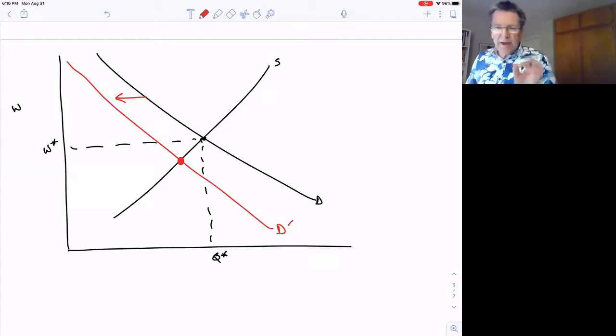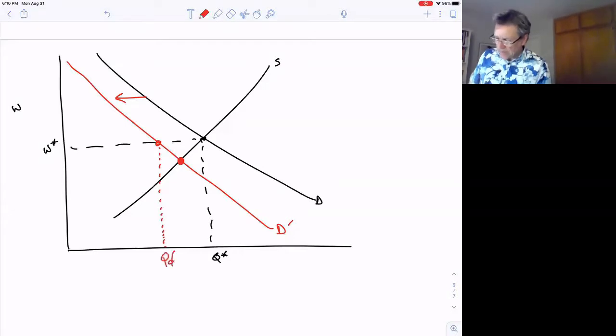But if that wage is not flexible, that means that at the old wage, W star, this is the quantity that would be demanded by employers. And over here would be the quantity supplied by workers.